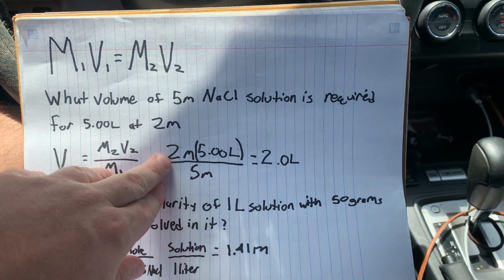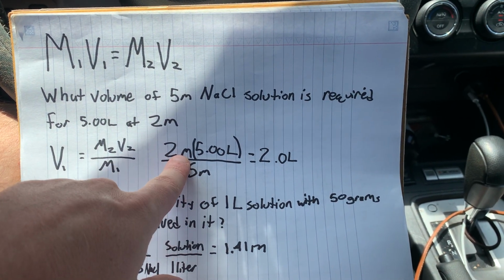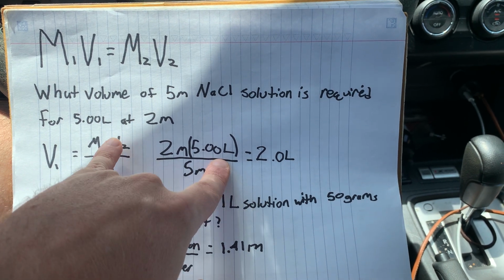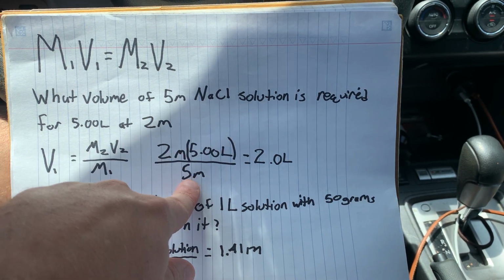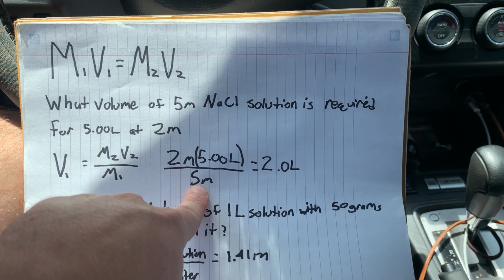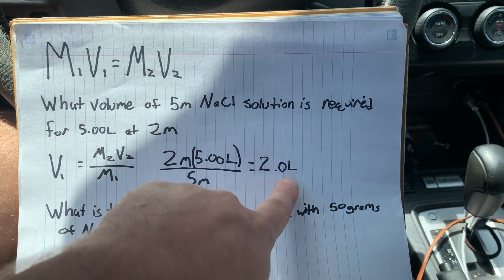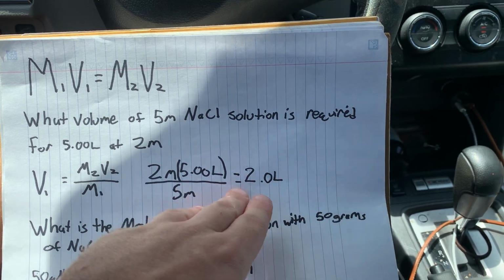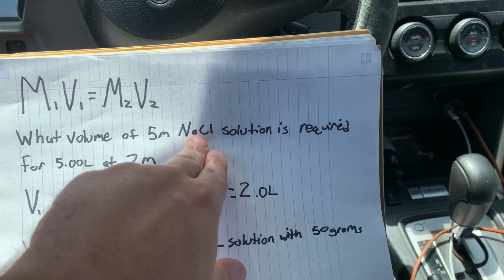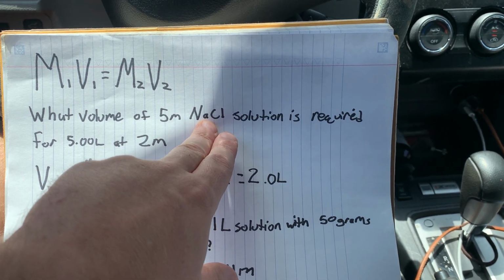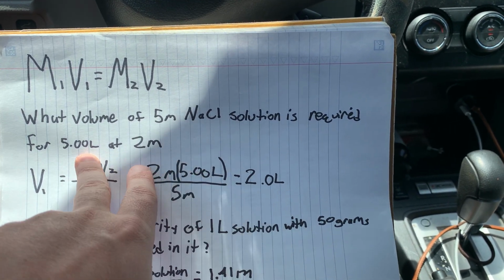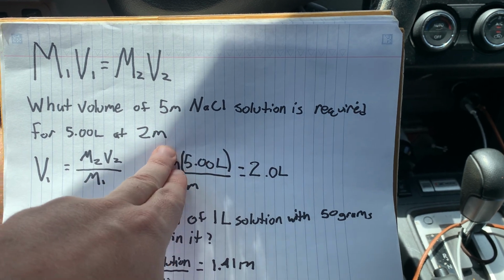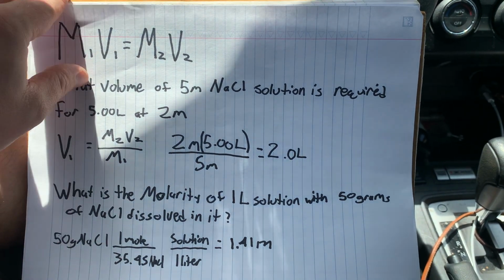So I got 2 molar solution at 5 liters, and we're going to divide that by our initial molar concentration, which is 5 M. That gives us 2 liters, so we're going to need 2 liters of this concentrated solution mixed with 3 liters of water, and that should give us this concentration right here.